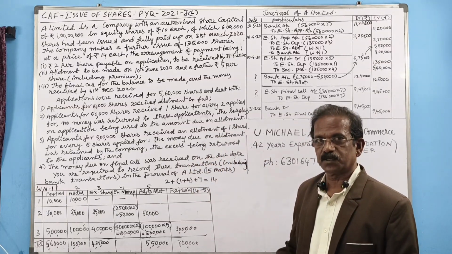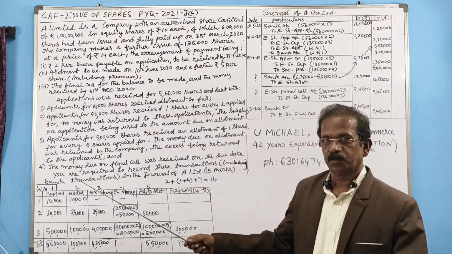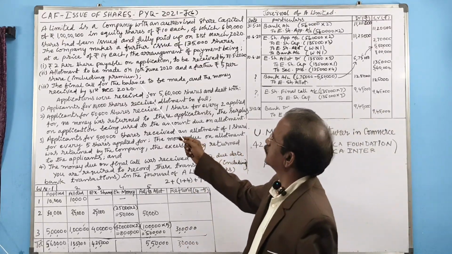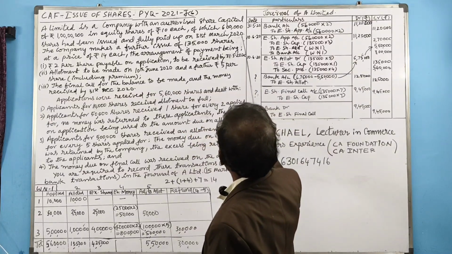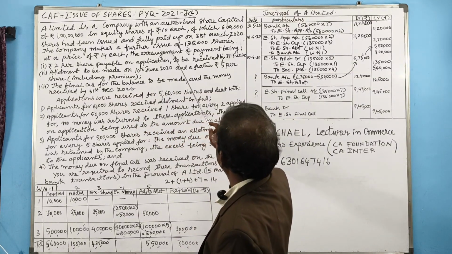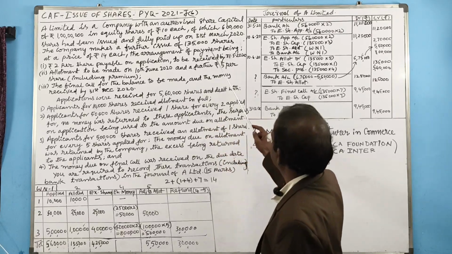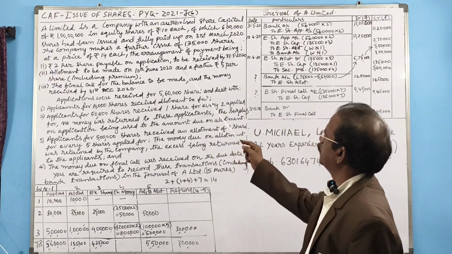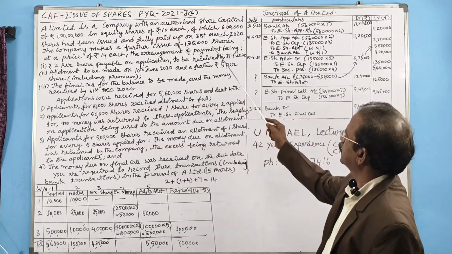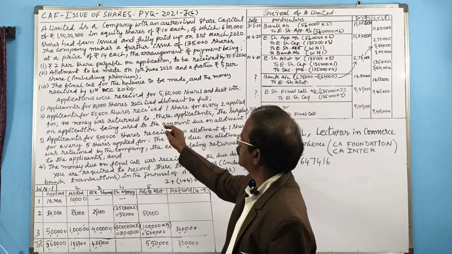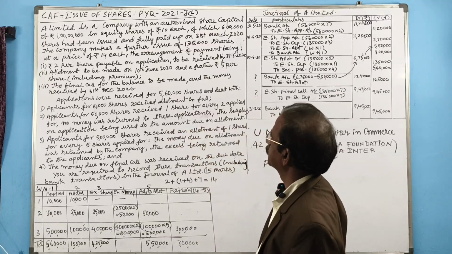Now they are going to introduce some more shares. Before that, they had already issued earlier. The company makes a further issue of 1,35,000 shares. At this moment the company wants to issue 1,35,000 shares at a price of rupees 14 each.